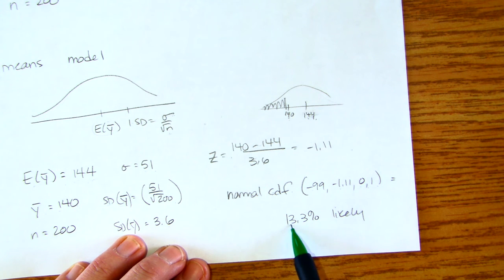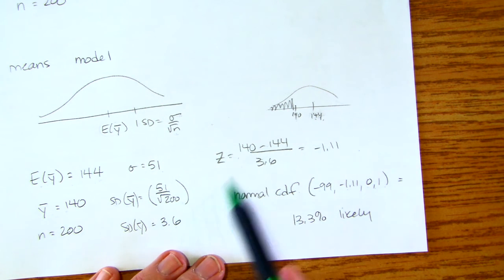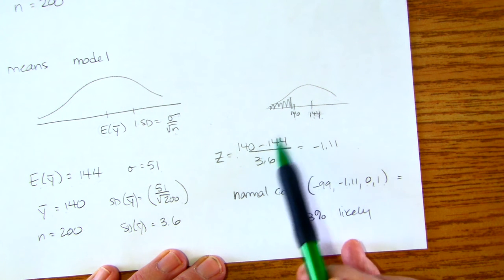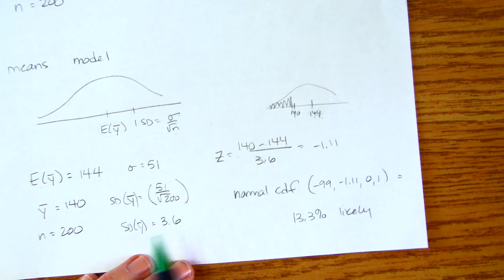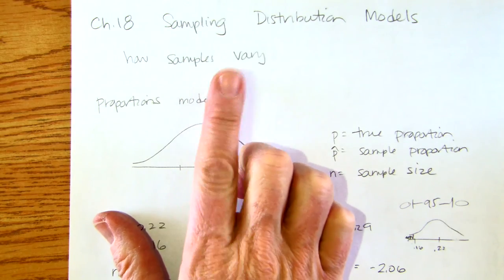And I find out that it's about 13.3% likely to get a sample that produces a mean of 140 if the actual mean is 144. Does not seem very unusual. So that's the fundamental foundation for proportions and means and sampling distributions, how samples vary.